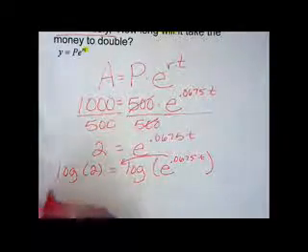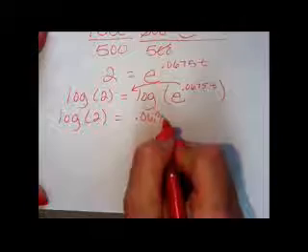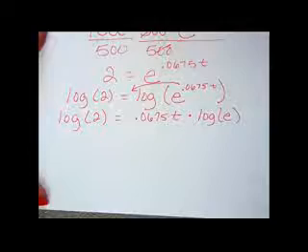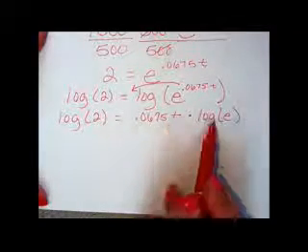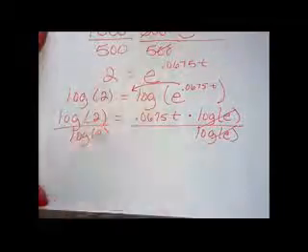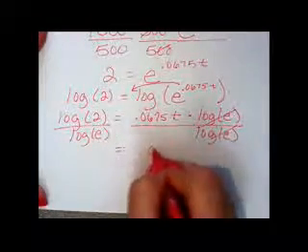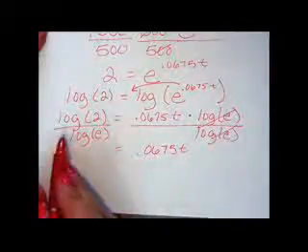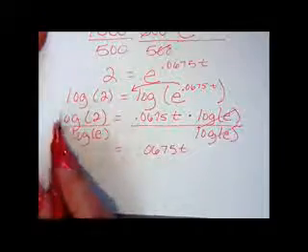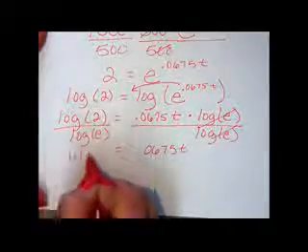Bring your exponent out in front. Log of 2 equals 0.0675t times log of e. You're solving for this. Get rid of the log so it goes with the other one. So you get your logs together. 0.0675t equals, if I write this as one log, that's ln, because it's log base e of 2, so that's ln of 2.